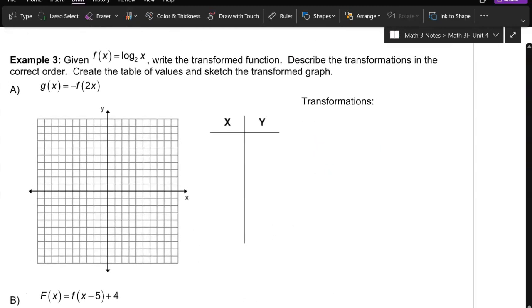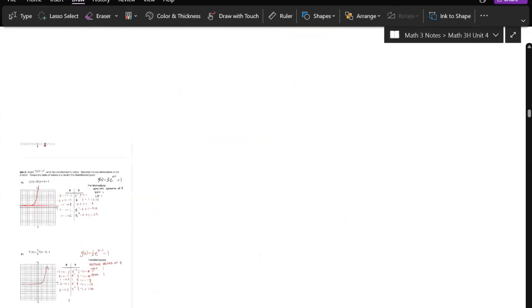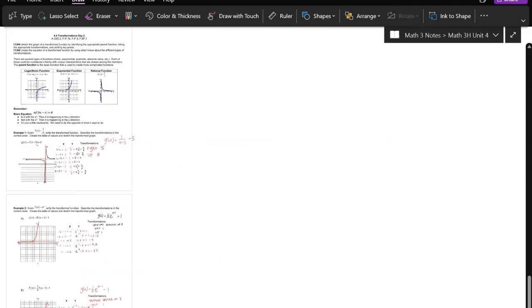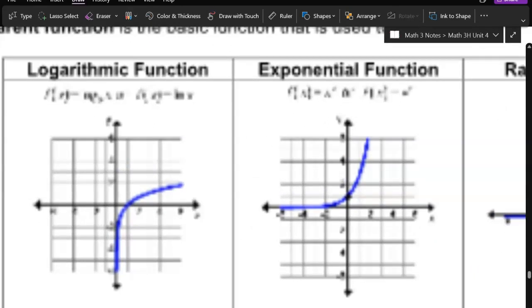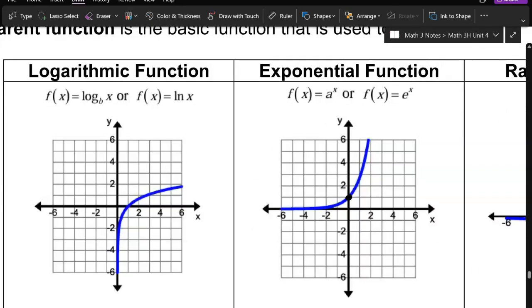So we have our log function. If we look at our parent function up here, it's the reciprocal of our exponential function, not reciprocal, inverse of our exponential function. It's flipped upside down, and we'll talk about that when we're in our log and exponential units.